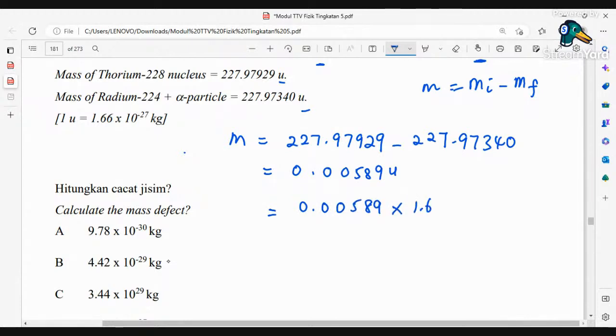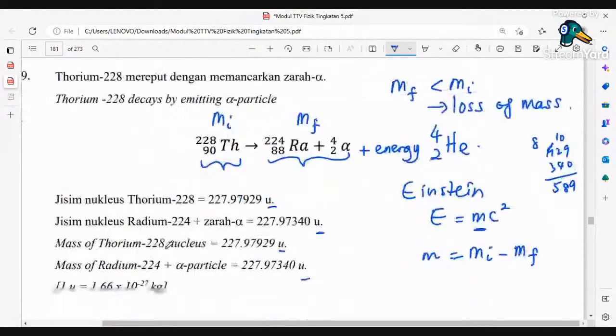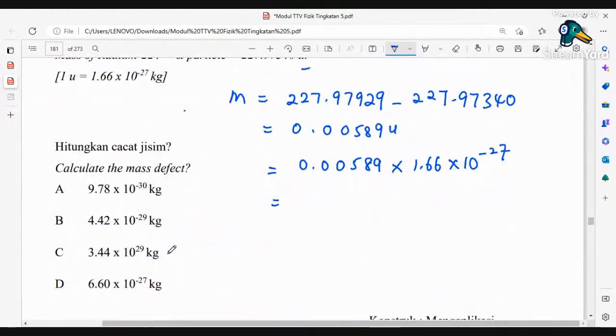Okay, so this value in atomic mass unit you convert to kilogram. Multiply by 1.66 times 10 to the power negative 27. So you will get the answer, which is A. Okay, so this is what we call mass defect.